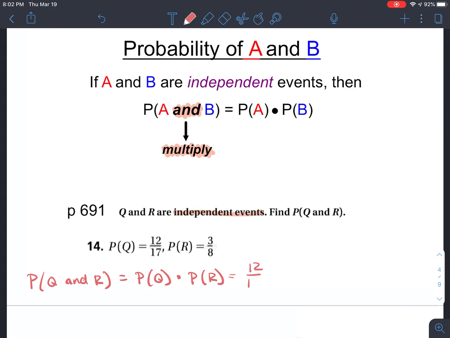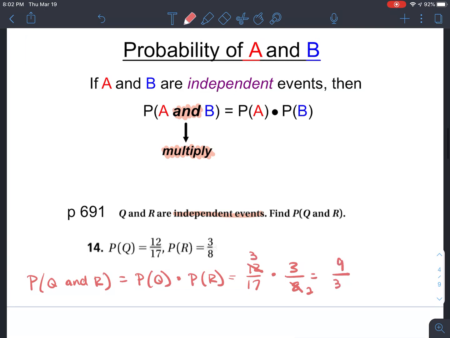The probability of Q is 12 over 17. The probability of R is 3 over 8. So we're going to want to multiply those two together to get our final answer. Now, because we're working with fractions, you can do some cancellations if possible. So 4 goes into 8 2 times, 4 3 times. This gives me 9 over 34. So the probability of Q and R is 9 over 34.